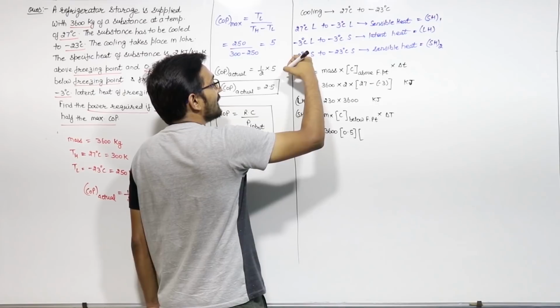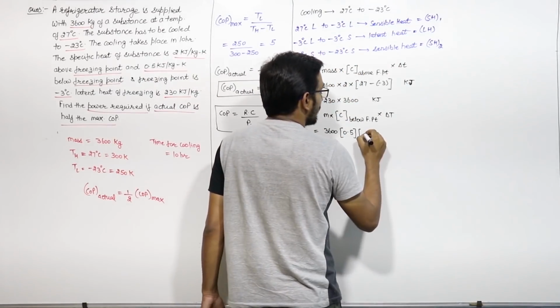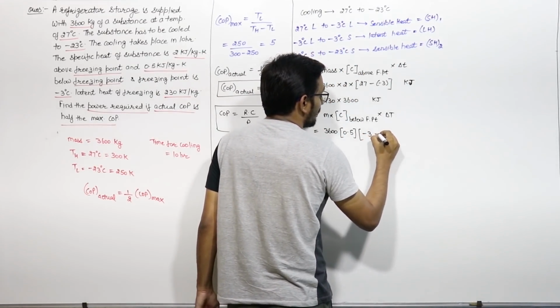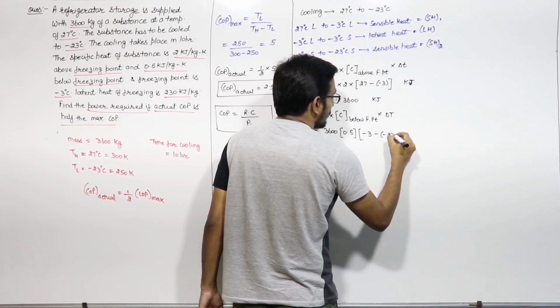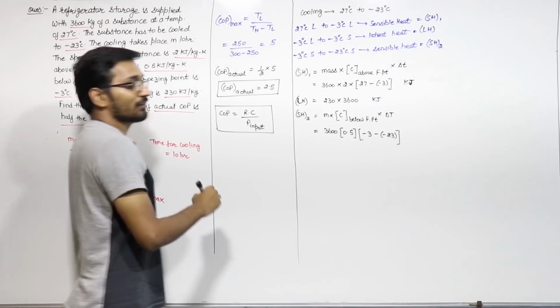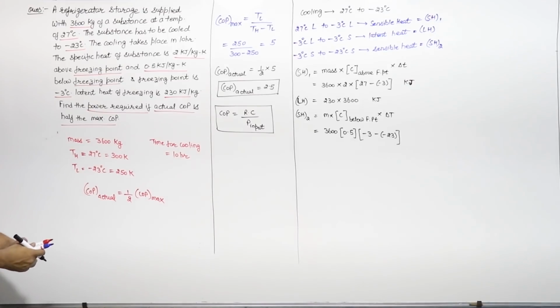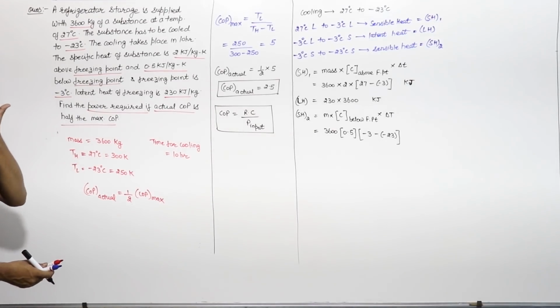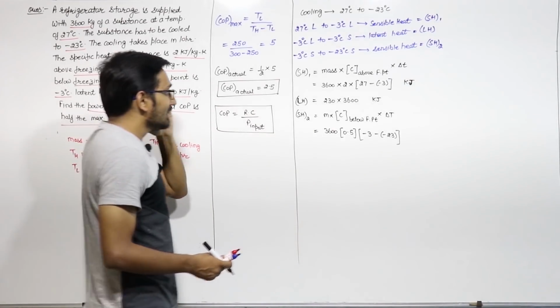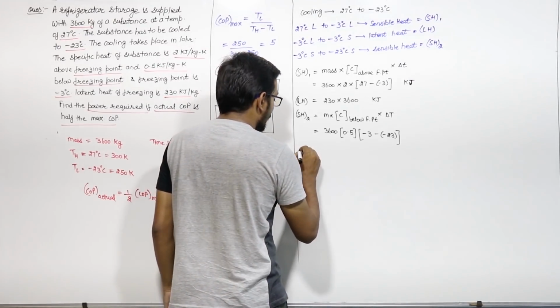From where to where? -3 to -23. This will be -3 minus of -23. Right, this is a delta T. That comes to be 20 degrees Celsius.